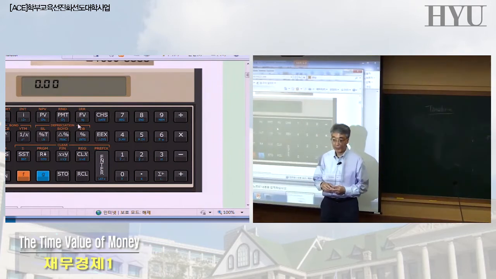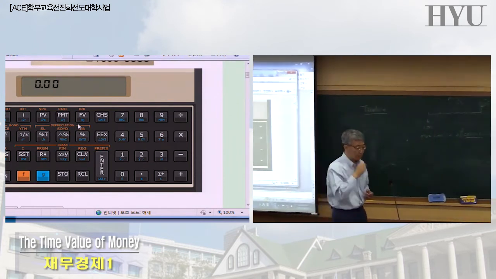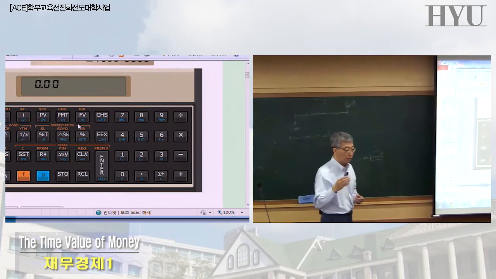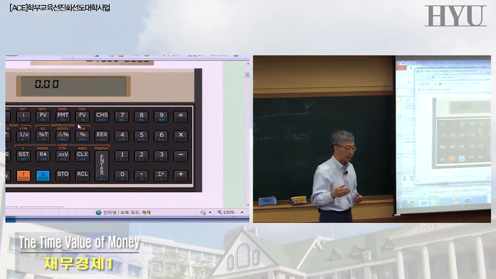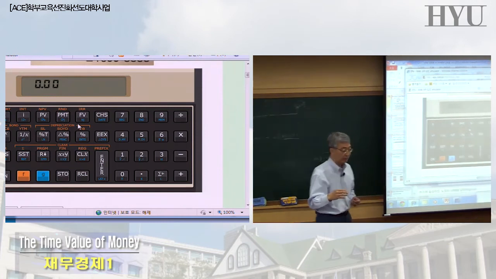Once you do that, this calculator remembers that. It keeps those numbers so that you can do further calculation using the same number of periods and same interest rate. So when you get into a new problem, with a different N and different I, you have to clear the register, right?